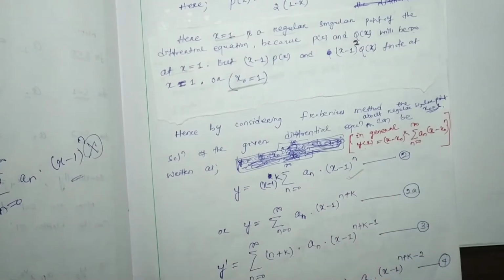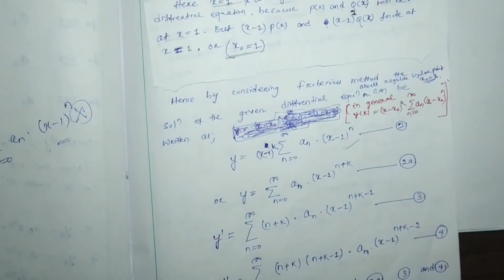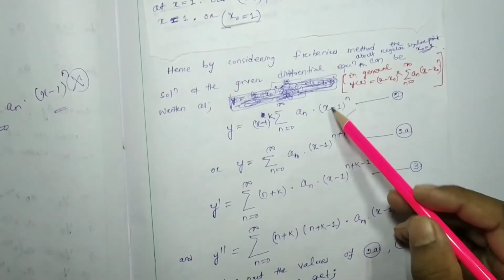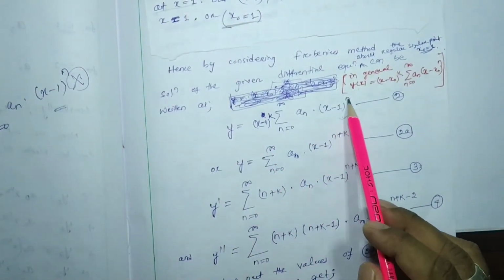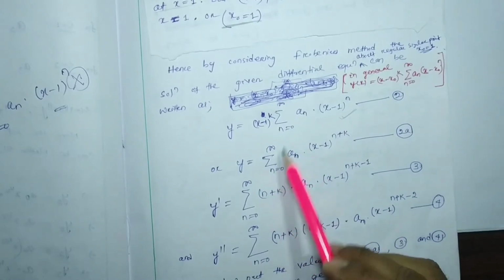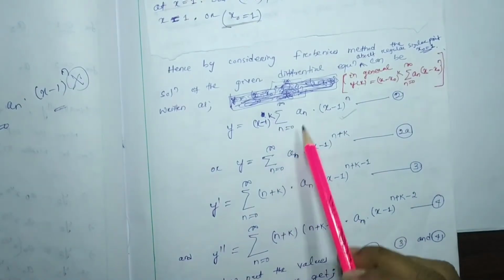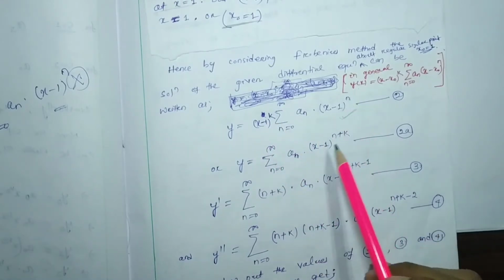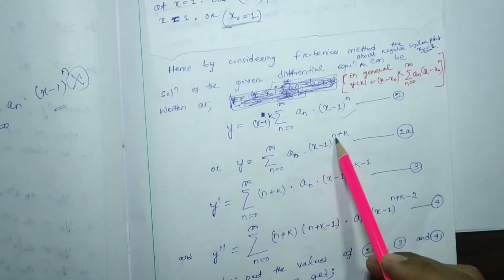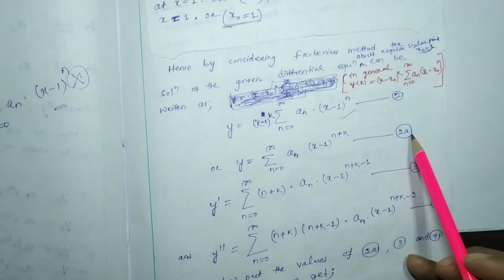Let it be equation number 2. Or it can be written as, here (x minus 1) to the power k and (x minus 1) to the power n, so k will be added with n: summation over n equal to 0 to infinity an (x minus 1) to the power n plus k. Let it be equation number 2a.